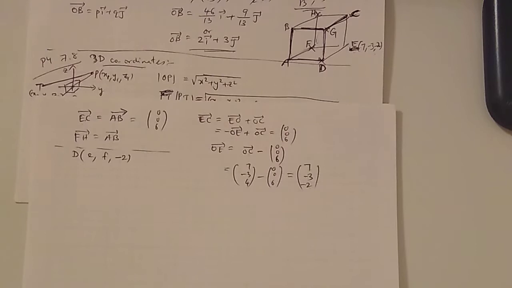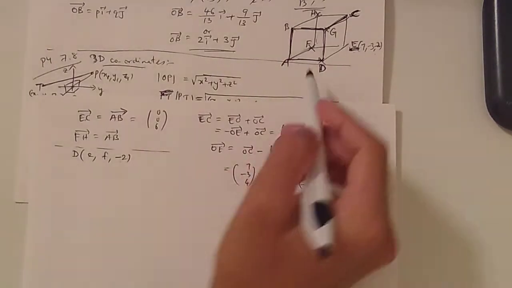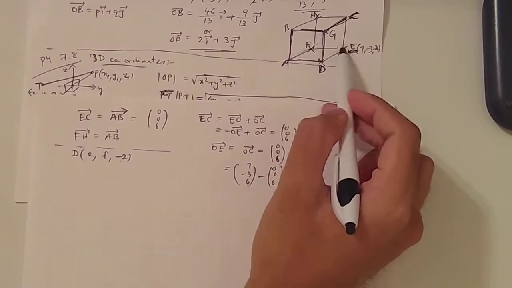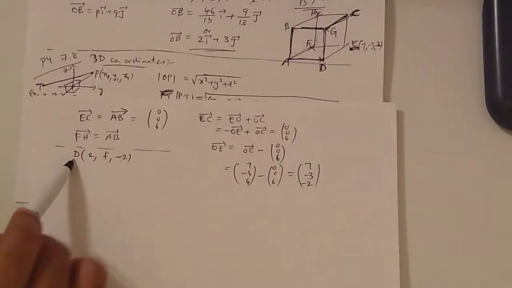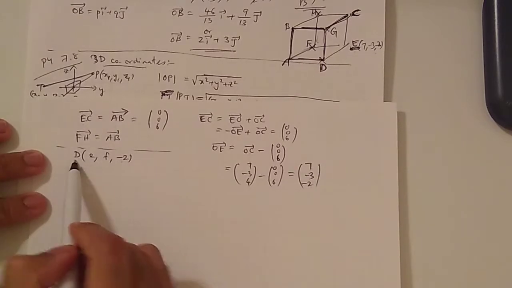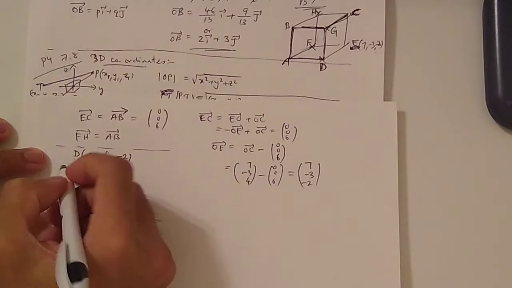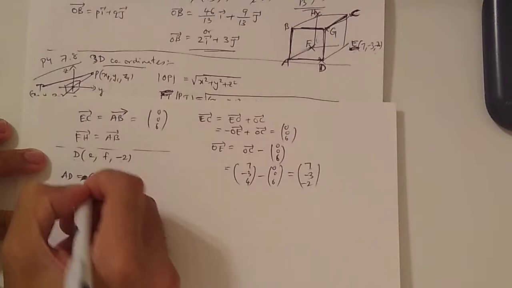So E, F, minus 2. Minus 2 is because all the coordinates on the bottom have z coordinate minus 2, and all the coordinates on the top have z coordinate 4. So D has coordinates E, F, minus 2, and you do know that the distance AD is equal to 6.